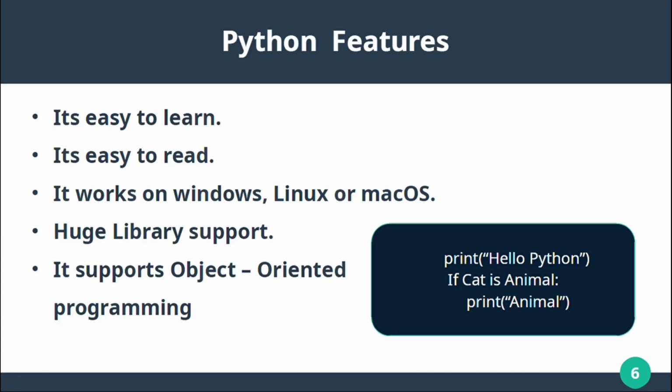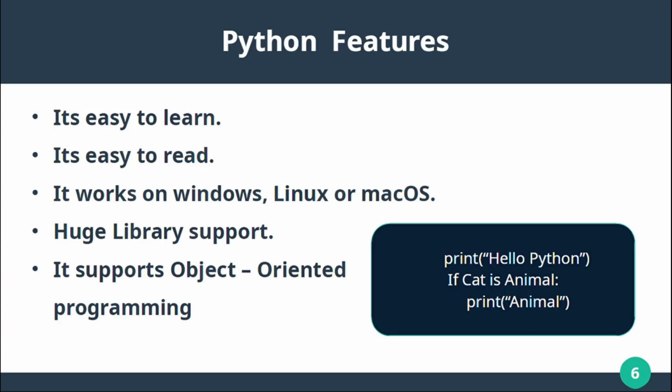Let's move forward. So there are some features of Python such as it's easy to learn because it uses English terminology. It is easy to read again because it's a high level language. It works on all the systems, whether it's Windows, Linux, or Mac. It has huge library support. Python has almost a library for every task.